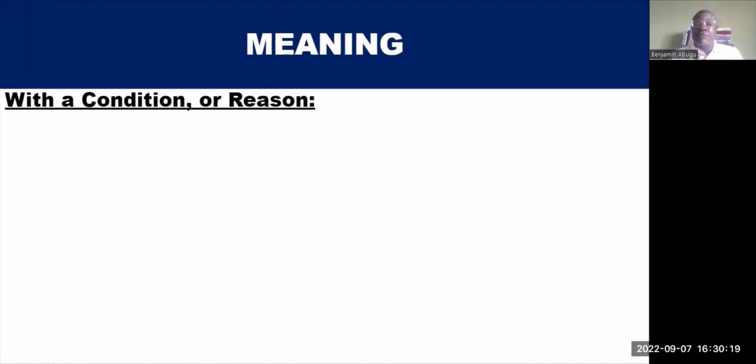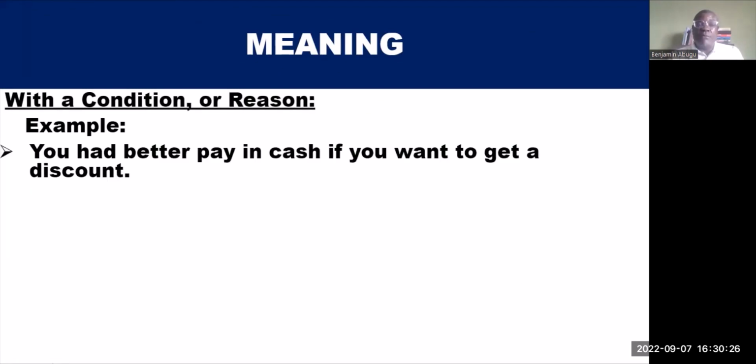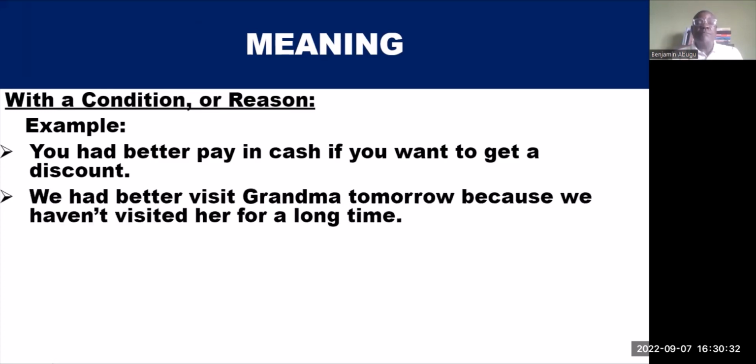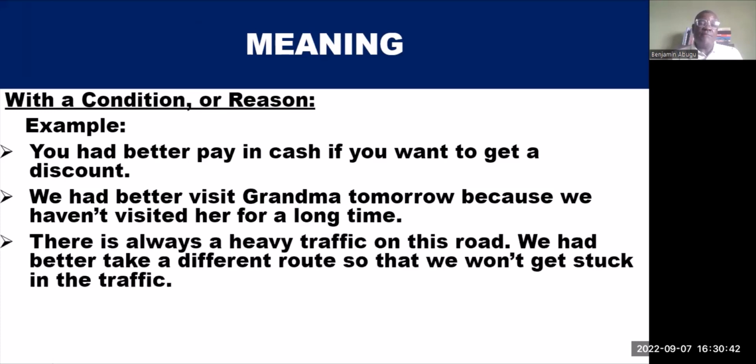Then you can have some condition or reason attached. For example, you had better pay in cash if you want to get a discount, okay? We had better visit grandma tomorrow because we haven't visited her for a long time. So there's a reason attached, okay?